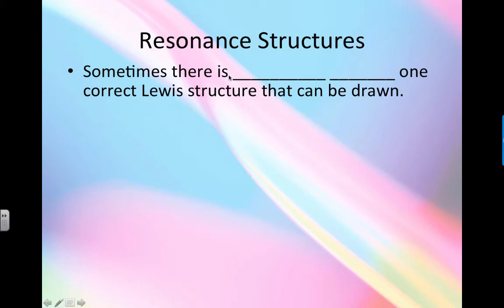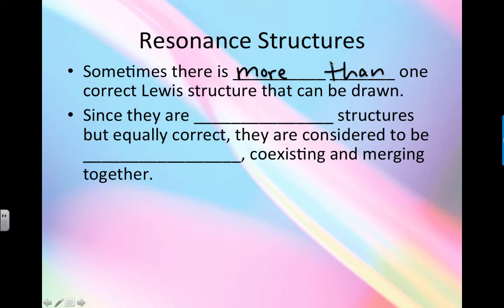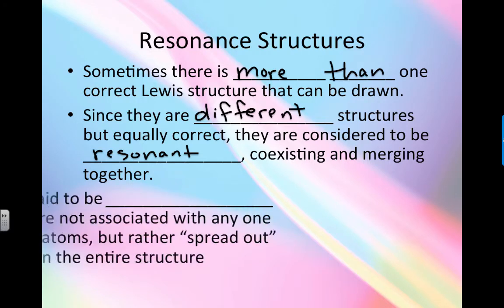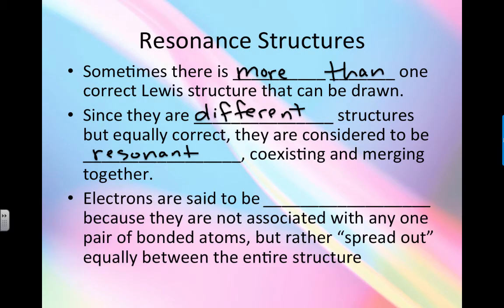Sometimes there's more than one correct Lewis structure that can be drawn. Even though they're different structures, the structures would be equally correct, and so they're considered to be resonant structures. That means they coexist and sort of merge together, but they all exist at the same time, so that's why we call them resonant.